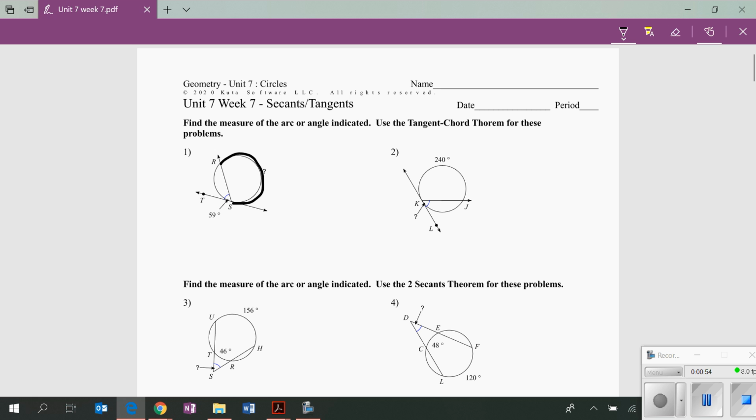Okay, and what I do know is the fact that the minor arc RS and this angle right here are connected by the fact that RS is going to be 59 times 2. So 59 times 2 is going to give me 118.